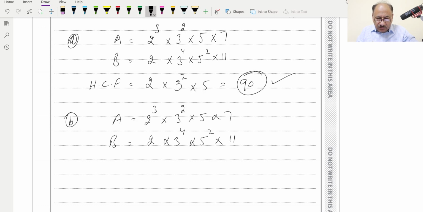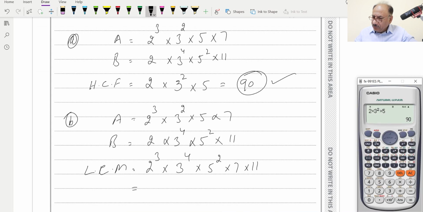And this time, for HCF we take the minimum powers, but for LCM we will be taking the maximum powers. So 2 raised to the power 3 will be the maximum power, and similarly 3 raised to the power 4 will be the maximum, 5 squared will be the maximum, and 7 and 11 also we take for LCM.